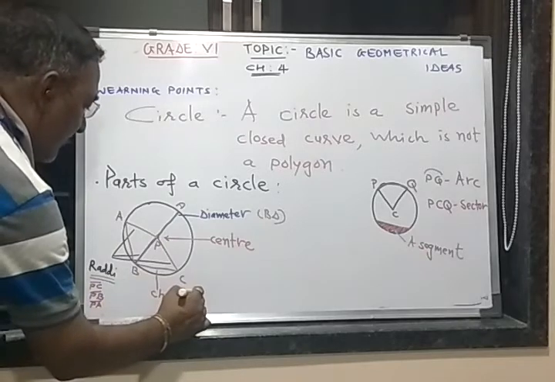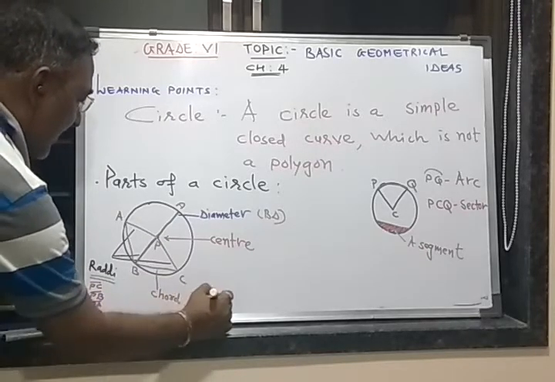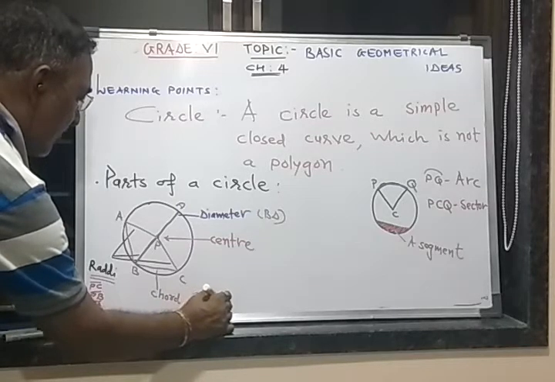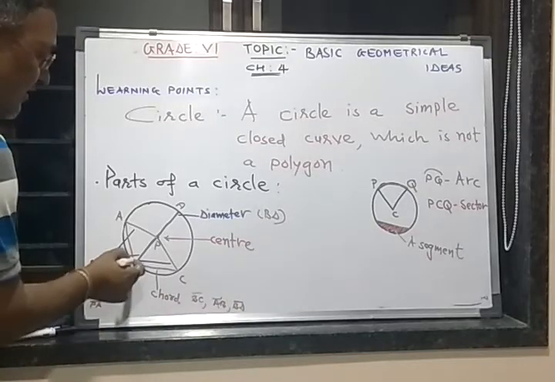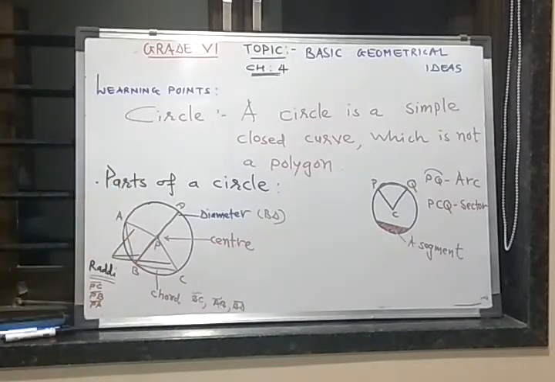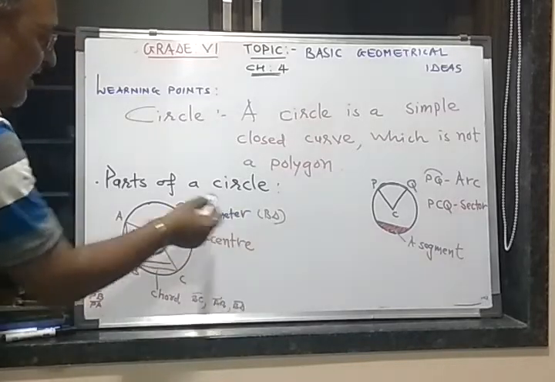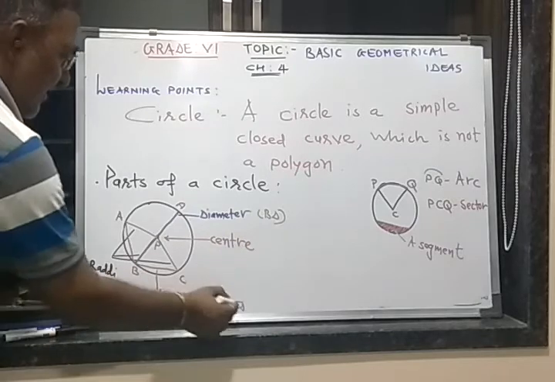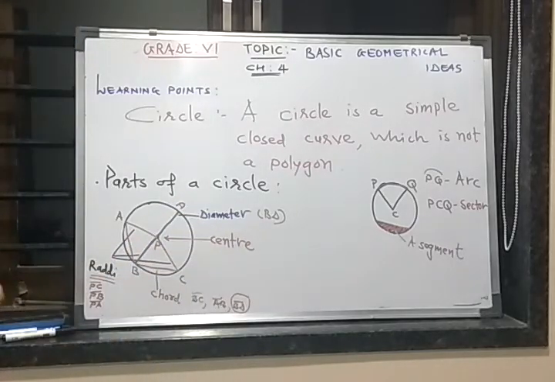So here line segment BC is a chord, line segment AB is a chord, and line segment BD is also a chord. You see BD is the longest chord of the circle. So the definition of diameter: the longest chord of the circle is known as diameter. So BD is the longest chord of the circle.